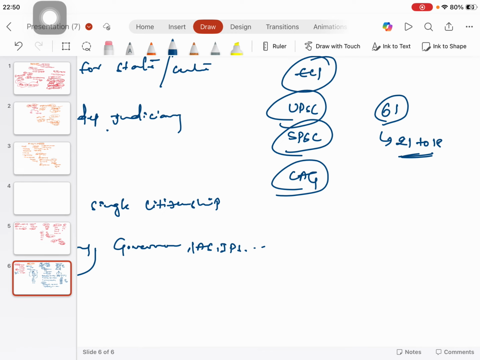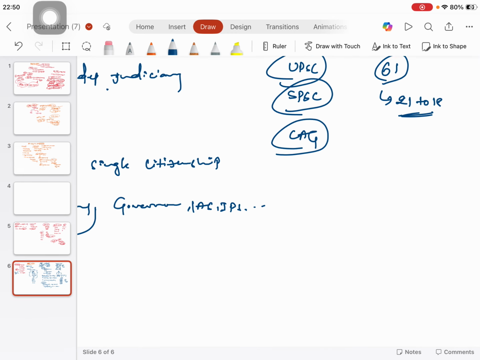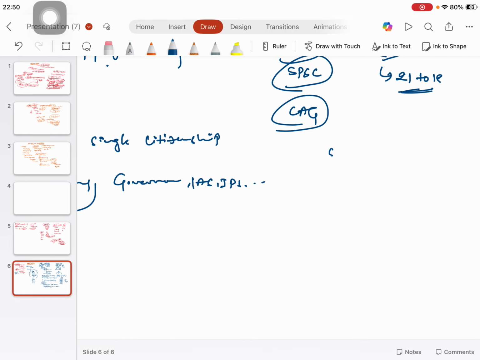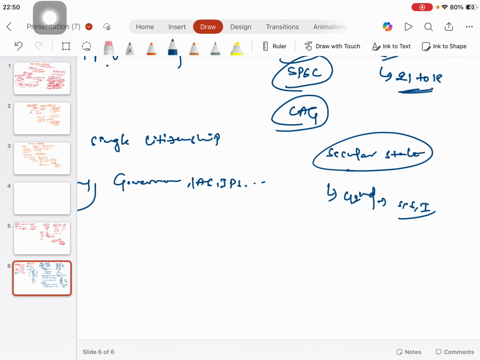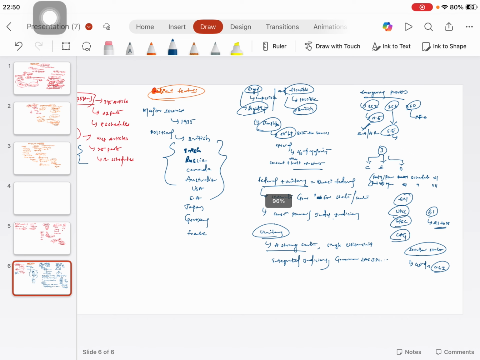Single citizenship: we are all Indian citizens. America has dual citizenship. It is a secular state. If you see the 42nd Amendment, socialist, secular, integrity were added, meaning they shall remain unbiased and neutral towards all religions.